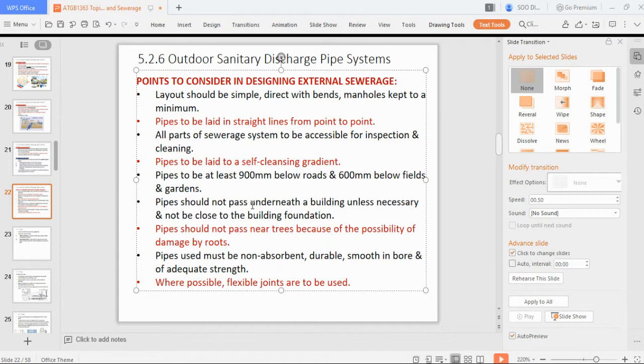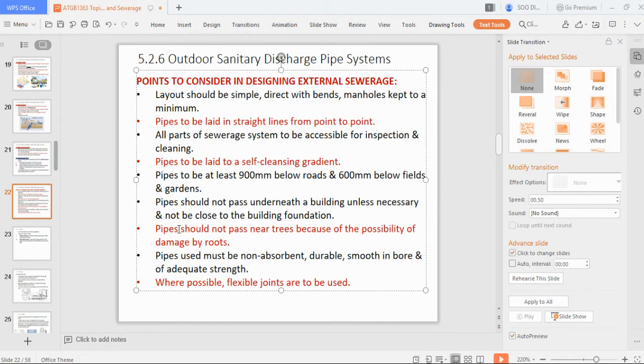If you were to have it under a building, you will not be able to do any maintenance because you won't be finding any manhole in a building. They will not allow you to build a manhole in a building. So that's why your pipe should not pass underneath a building. If your pipe were to pass underneath a building and you have a blockage, then clearing the blockage will be very difficult.